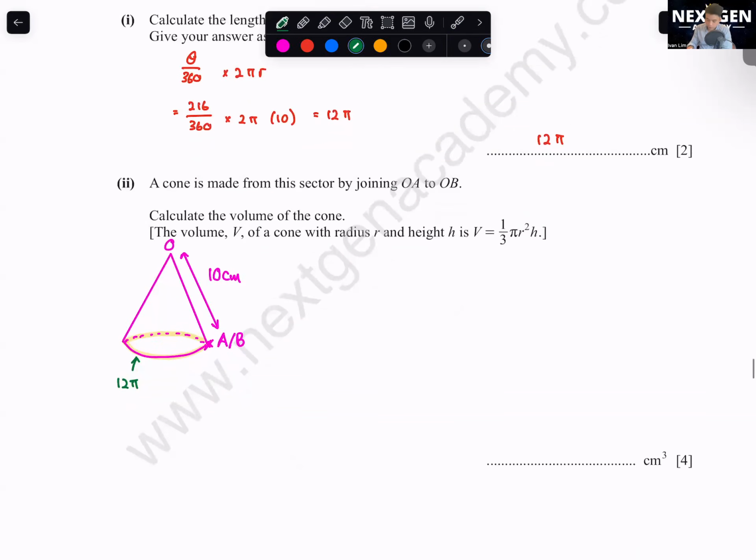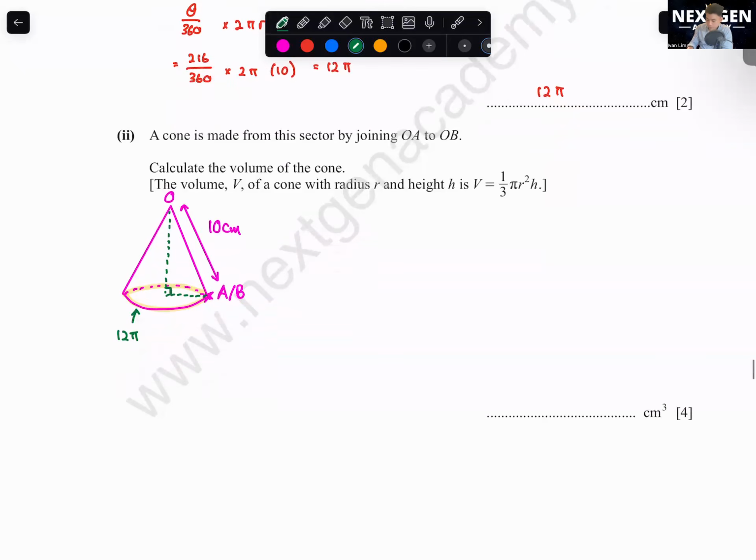Okay, what do we want to find? The formula states that we need to find our R and H. So what I want you to do is draw a right angle triangle like this. Draw this out, a right angle triangle in the shape. You need to find your H and R here. Let's find the R value first.